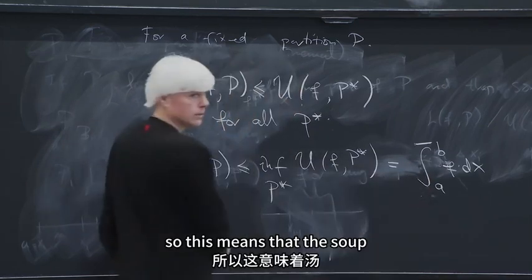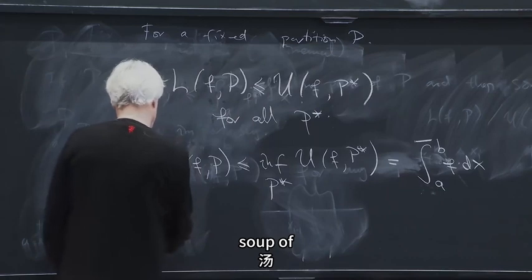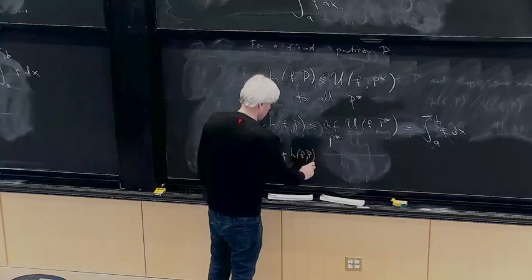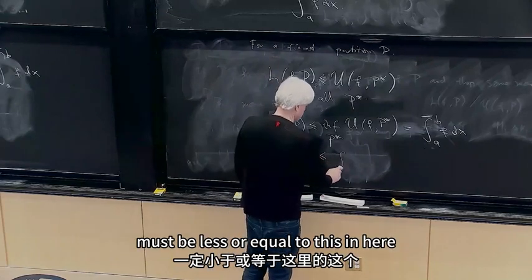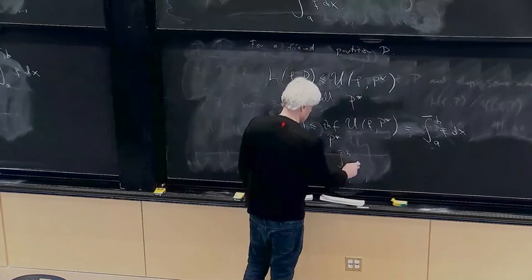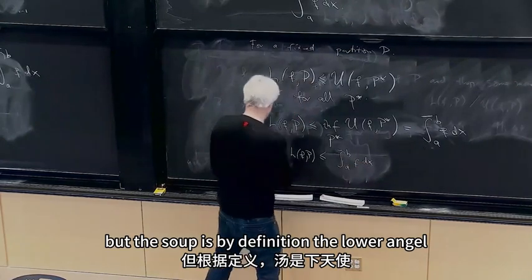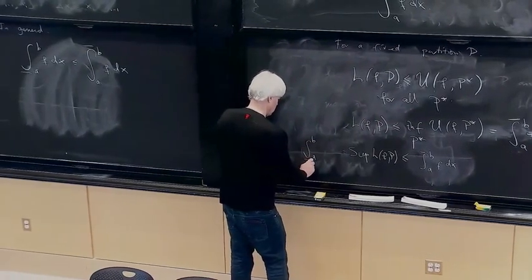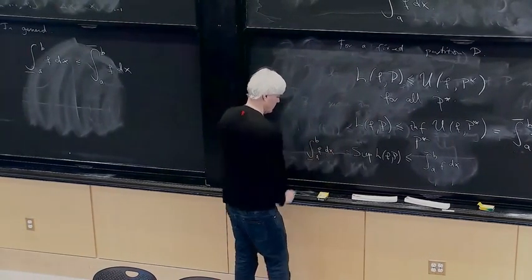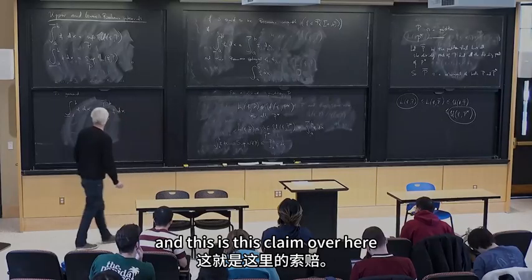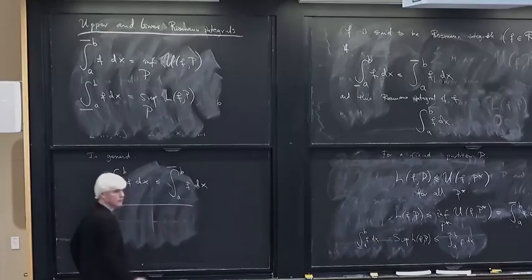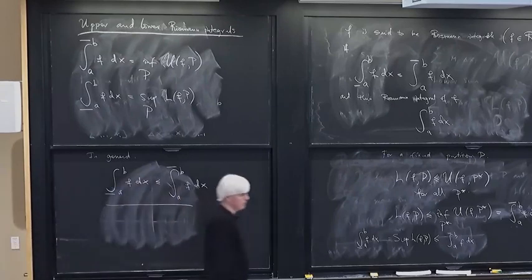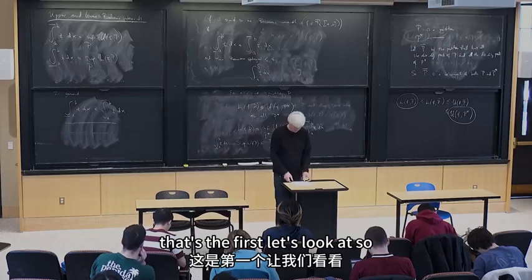So the sup of L F of P must be less or equal to this thing here. But the sup is by definition the lower integral. So you always have this, and this is the claim over here. Okay, so that's the first.